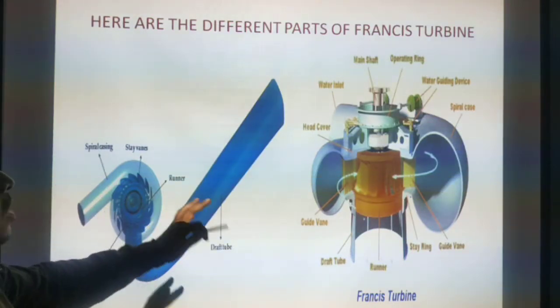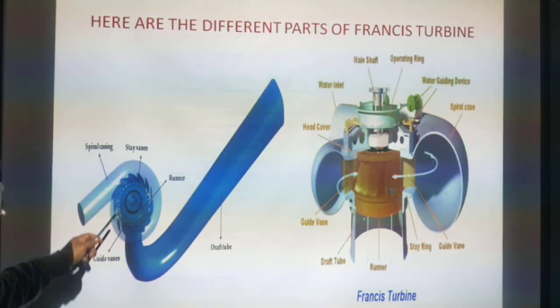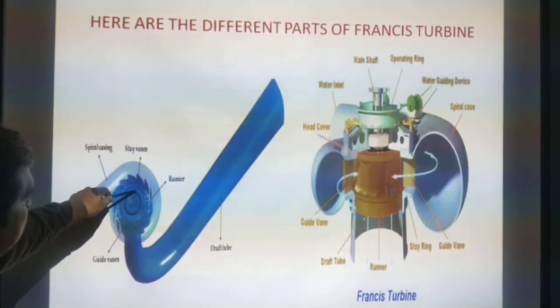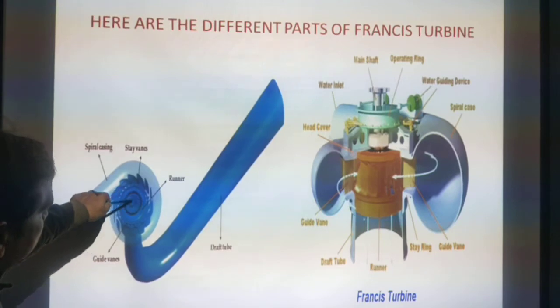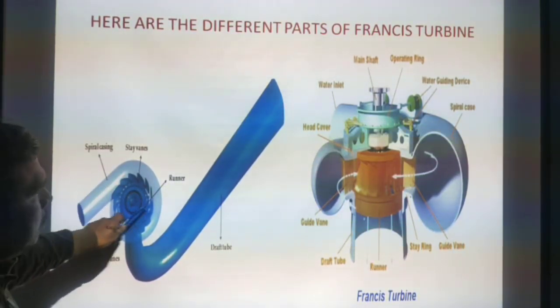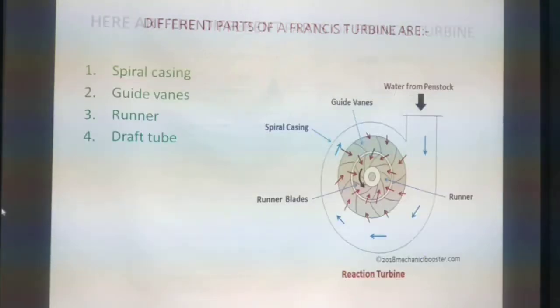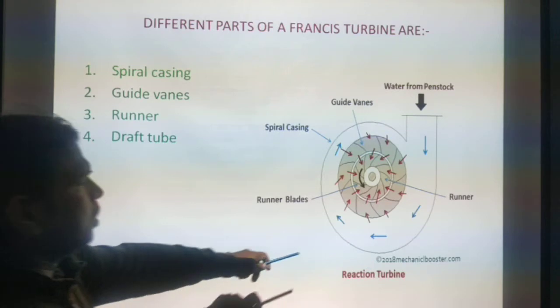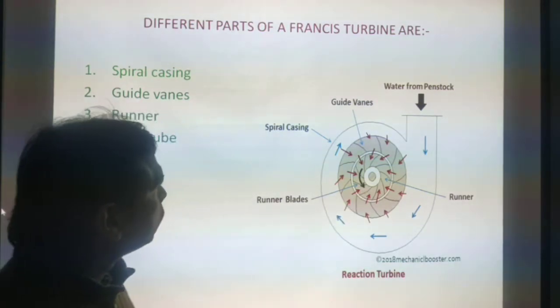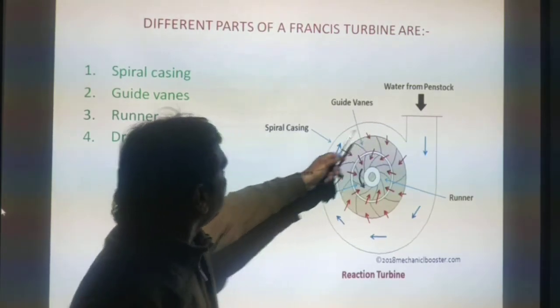And these are the different parts of the Francis turbine. This part is the runner. This is the actual runner. And these are guide vanes. In this figure, this is not clear. Next figure I will show you. This is the actual one. So here is your spiral casing.